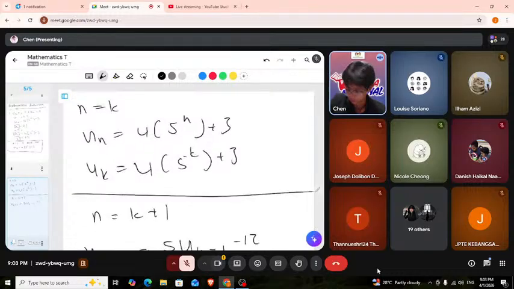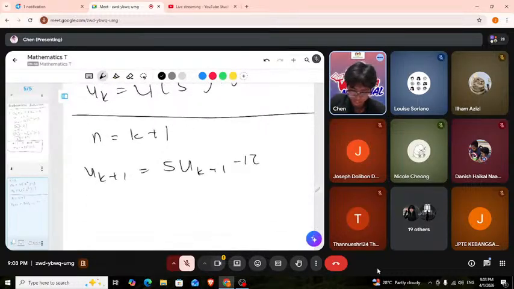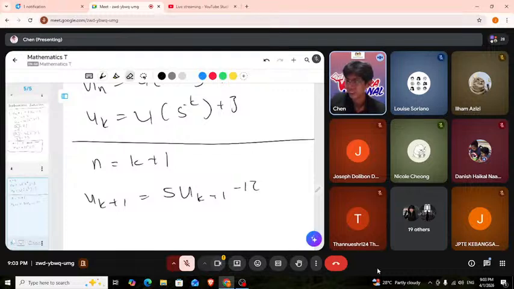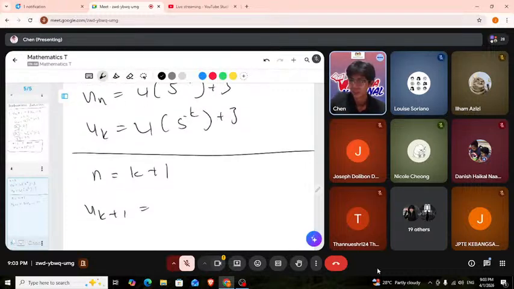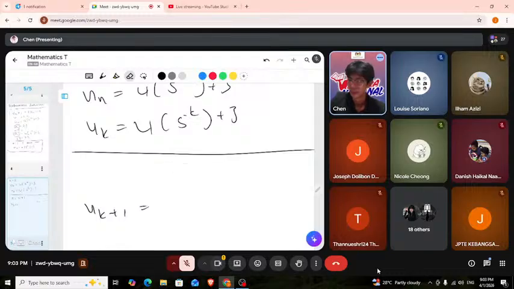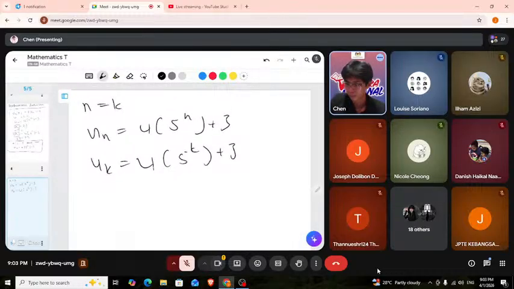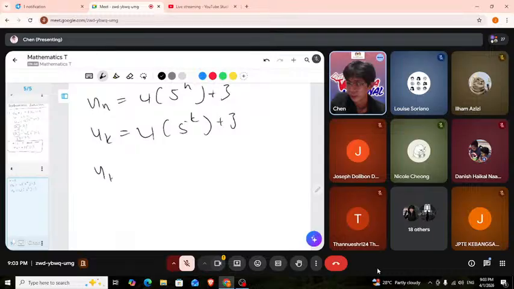Did I do this wrong? Oh yes, I did. So you basically take the equation just now. Why isn't this working? You basically take this formula just now. Oh, it's not that. Alamak. This.